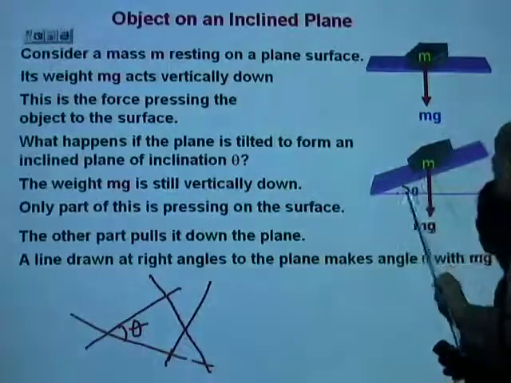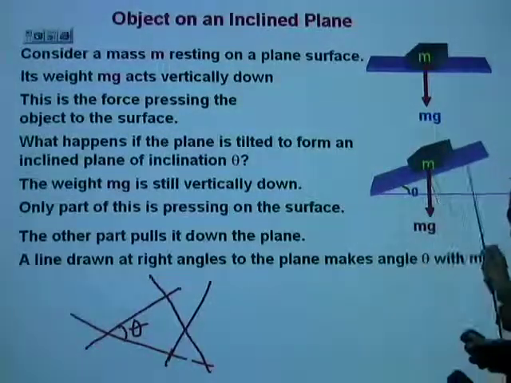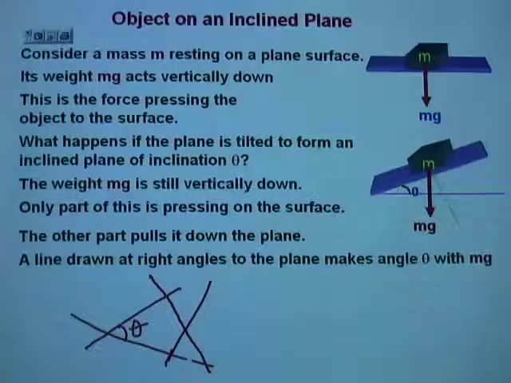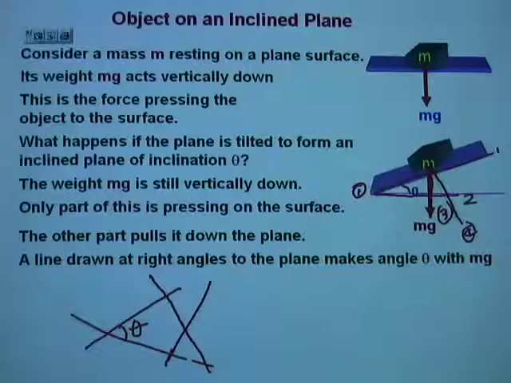Now the same here. If this is one line and this is the second line, let me draw that for you here. Now this is line 1, and this is line 2. Line 3 is at right angles to line 2, and line 4 is at right angles to line 1.